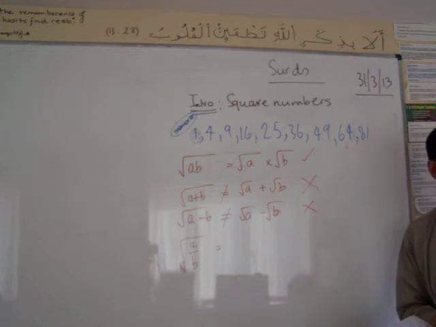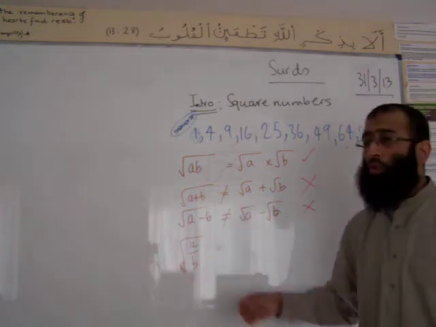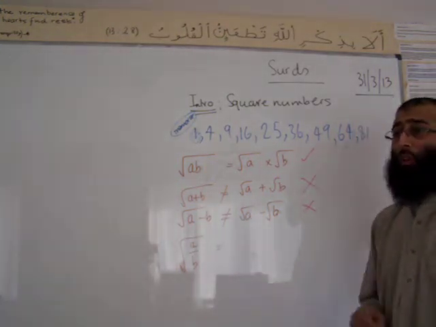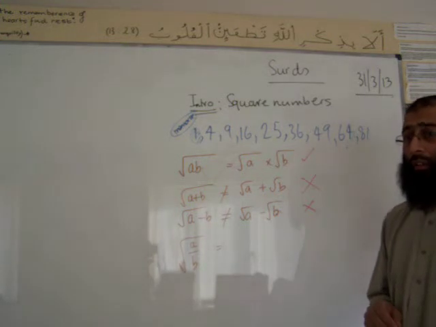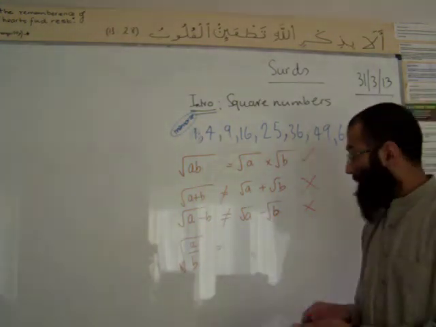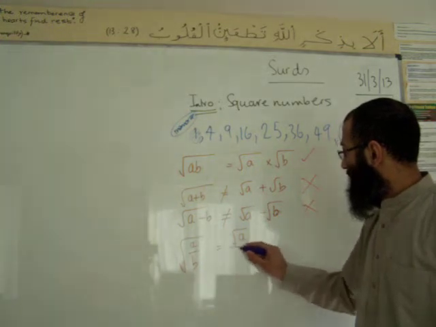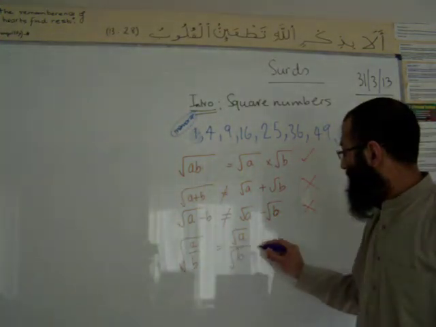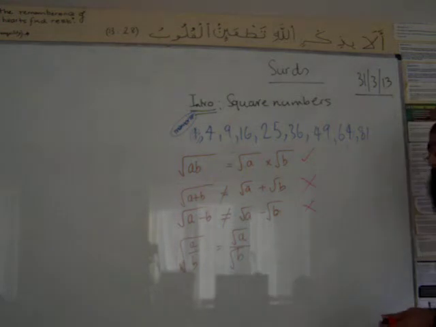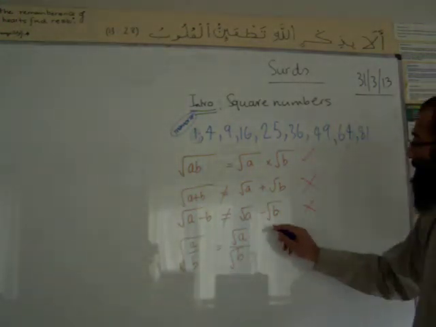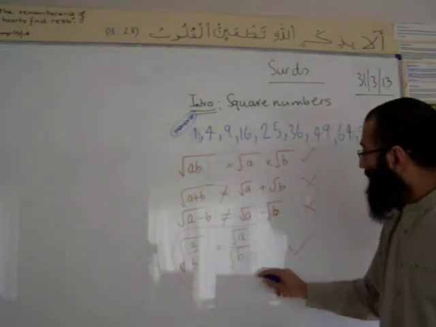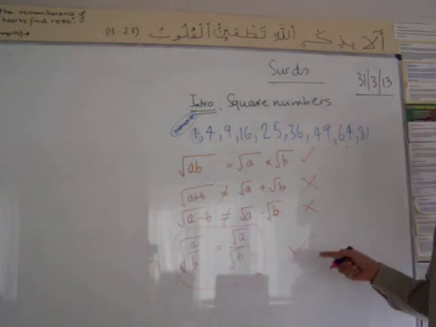What happens when we have a quotient, a division? Can we split those up? Yes, we can split the divisions. So that's allowed. Can you please copy these down in your books as you're going along?